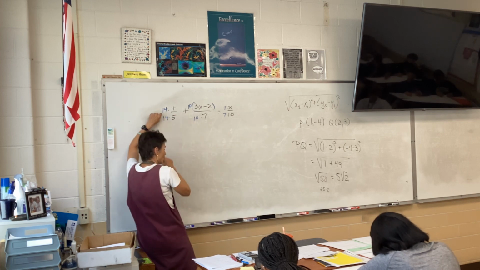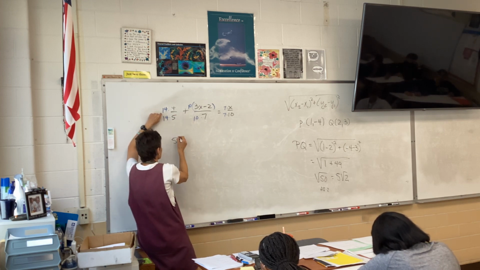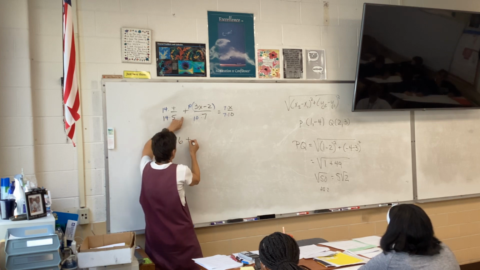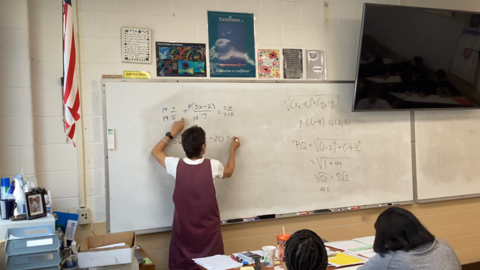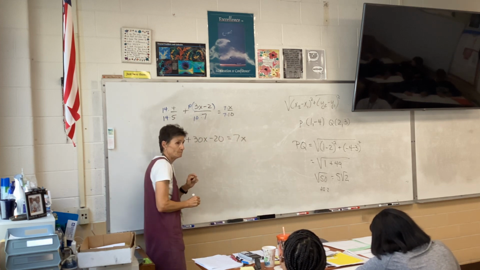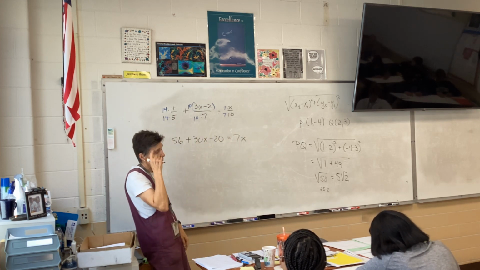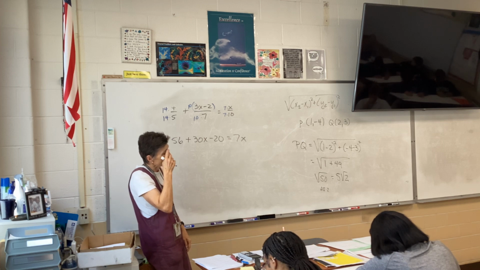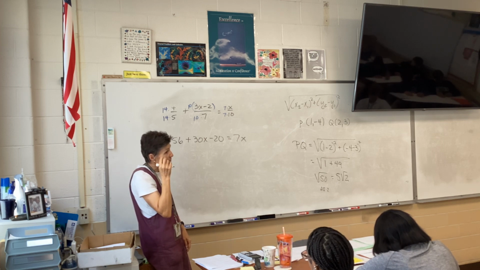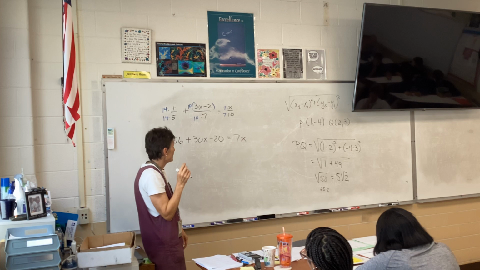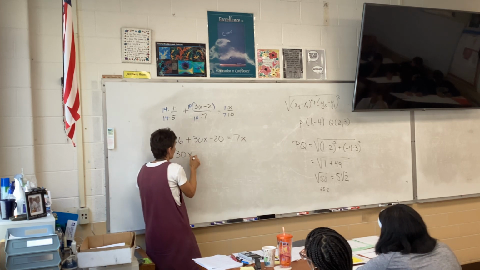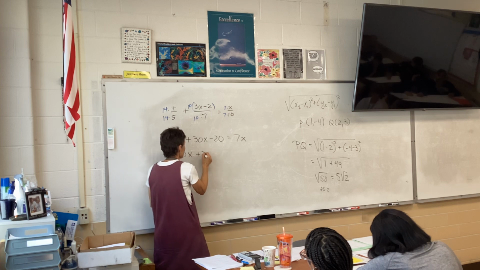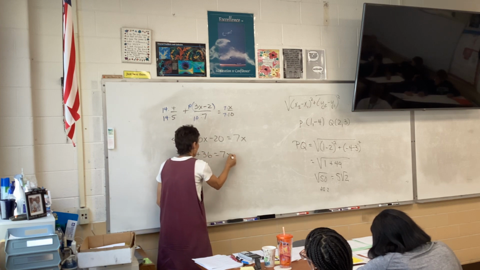So 14 times 4, 56. Plus 30x minus 20 equals 7x. Everybody with me so far here? So let's see, 30x plus 36 equals 7x.